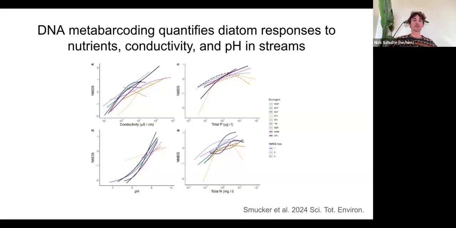And some early results are showing pretty strong relationships between some classic local environmental predictors of diatom composition like conductivity, total phosphorus, total nitrogen, pH, that when we look at an NMDS axis, an ordination axis of community composition, there's a strong relationship between these environmental pressures and community change across ecoregions across the US.